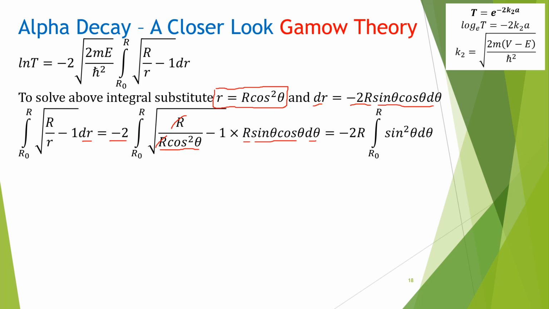So here, this 1 upon cos square theta minus 1, I am writing the 1 as cos square theta upon cos square theta.